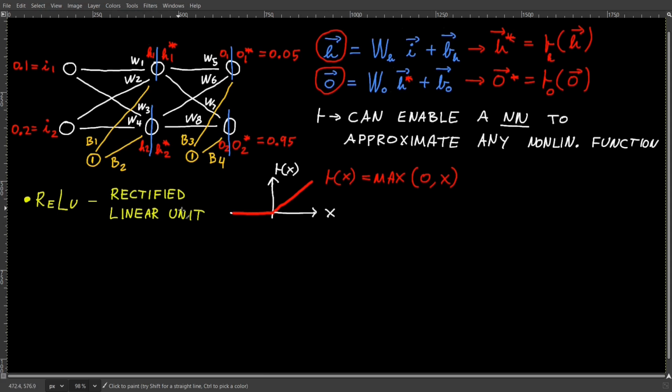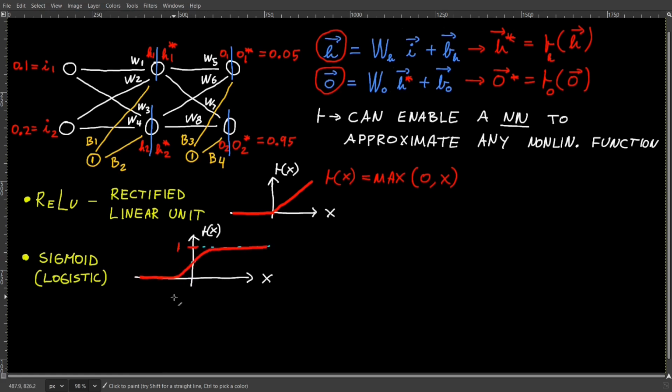We will use it in TD3 as well, in PID tuning. Then another popular activation function is sigmoid, which can also be called logistic, and this function only has a range from 0 to 1. Mathematically, this function is represented like this, or like this, and this is the one that we will use here in this example.